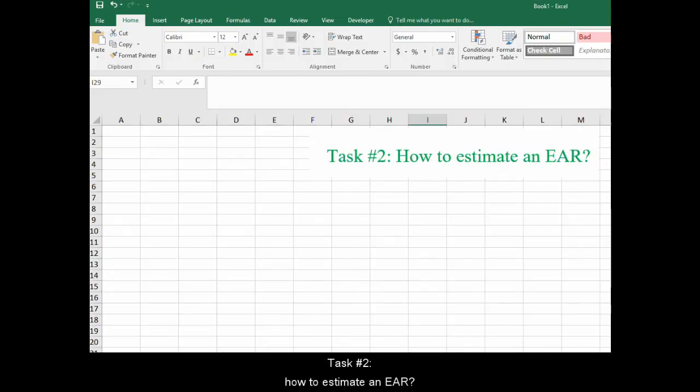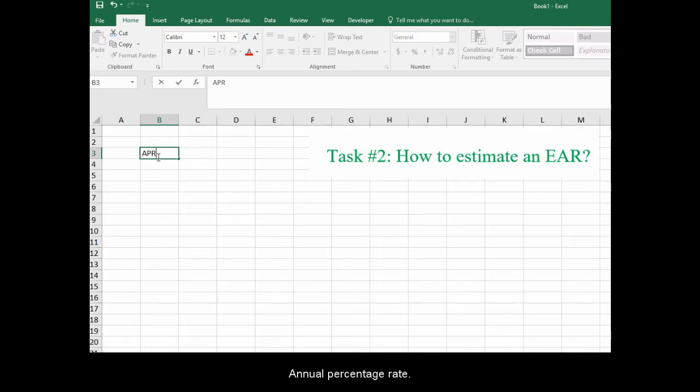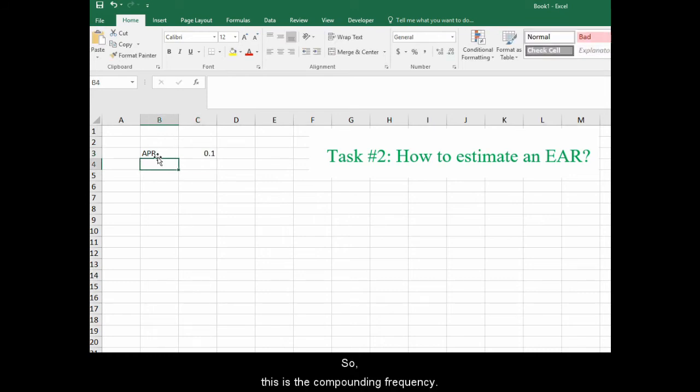Task number 2. How to estimate an EAR. Here, EAR stands for effective annual rate. Assume this is the APR, the annual percentage rate, and it is 10%. The compounding frequency is semi-annual.